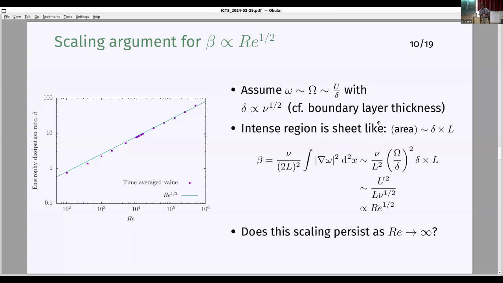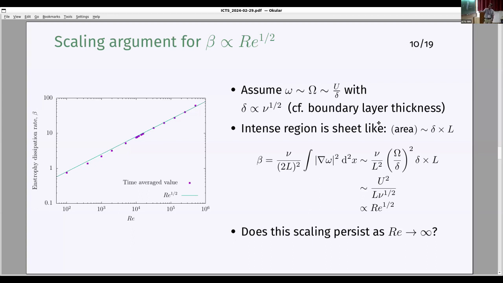Sheet-like means the longer extent is capital L, which is basically the system size, and delta is the small thickness of the layer. So this area is delta times capital L. Your entropy dissipation rate can be represented in this manner, and then just calculating with this assumption gives you beta behaving like this, and this gives you the Reynolds number to the 1/2.